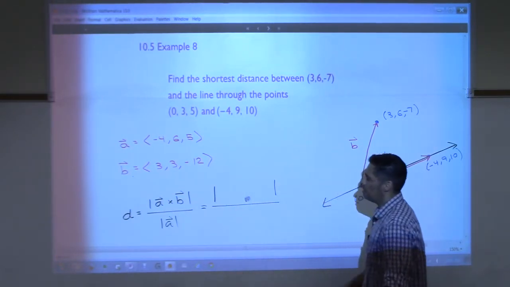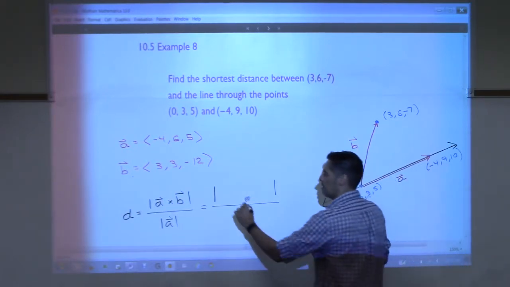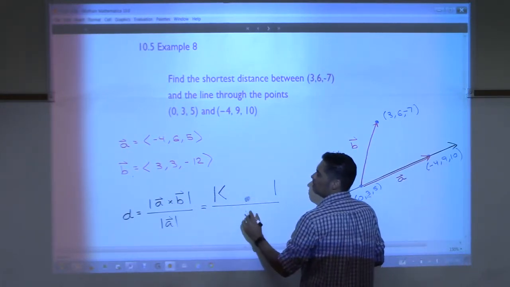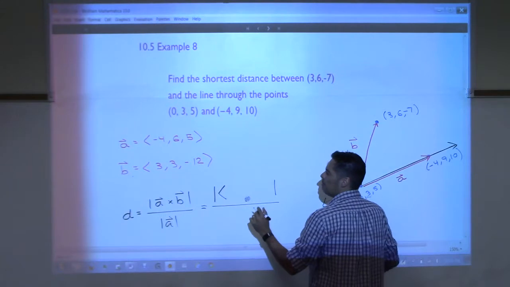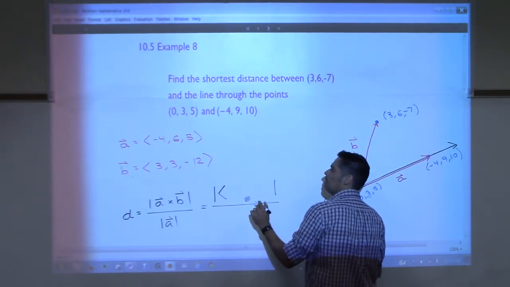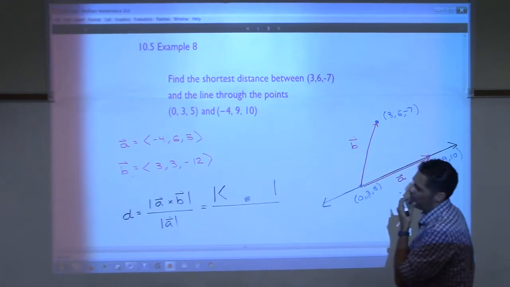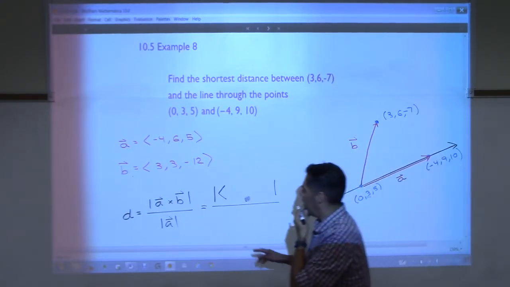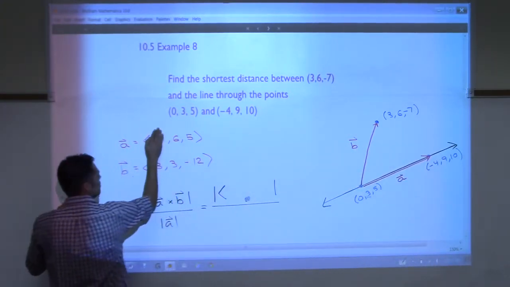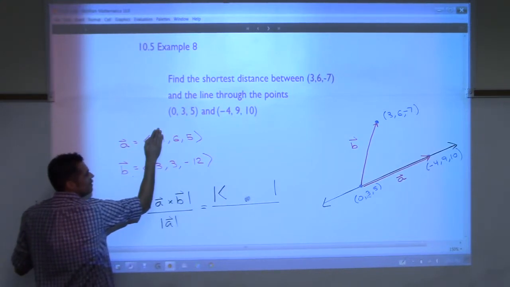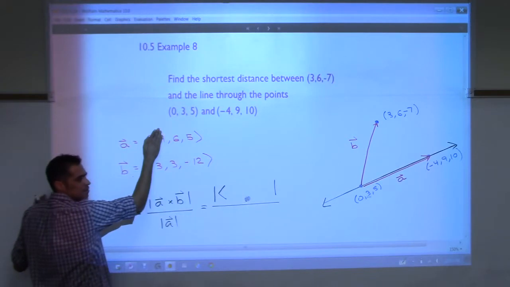What's the cross product of A and B? It's a vector, right? Negative, what did you say? -3. Is that right? Hold on. We're doing a cross product, right? So I'm covering up these two. Should be negative. Okay.